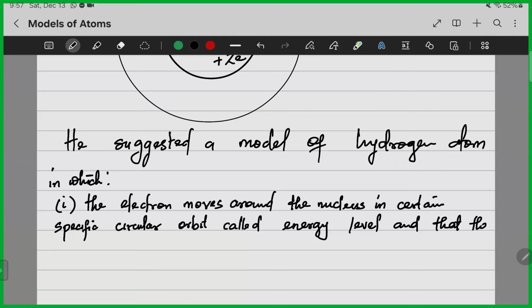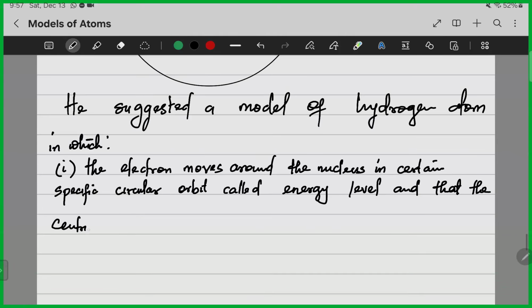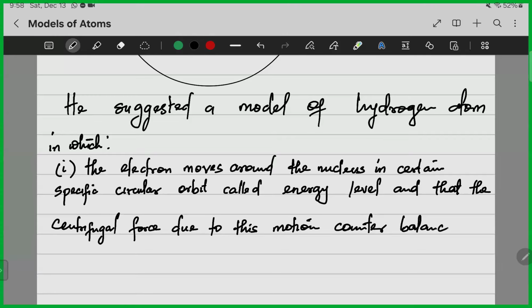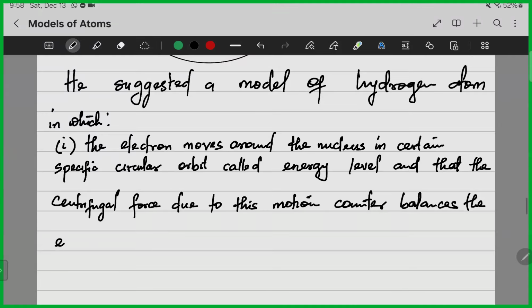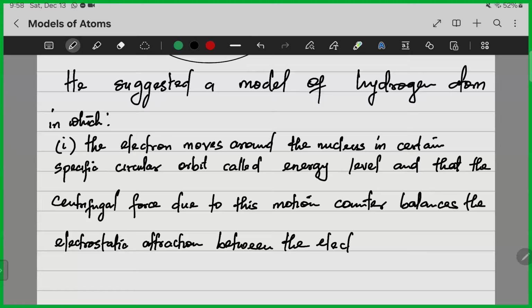And that the centrifugal force due to this motion counterbalances the electrostatic attraction between the electron and the nucleus.